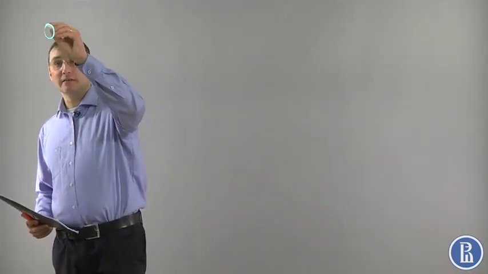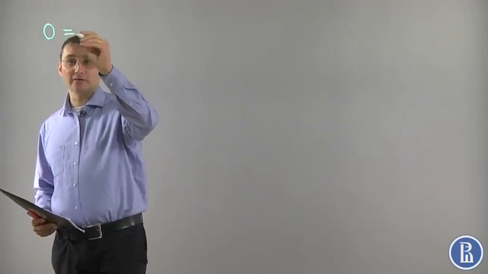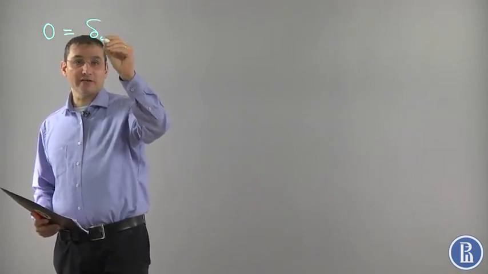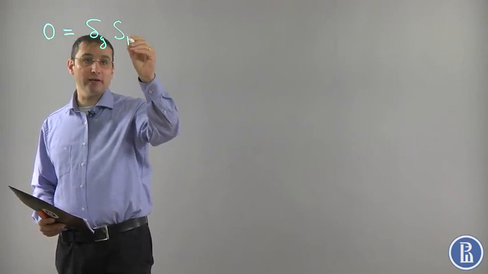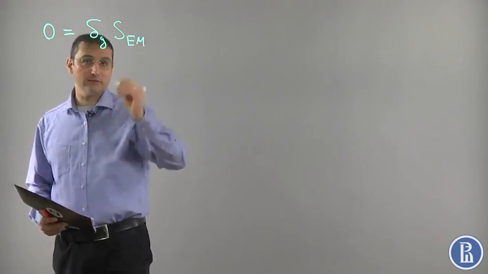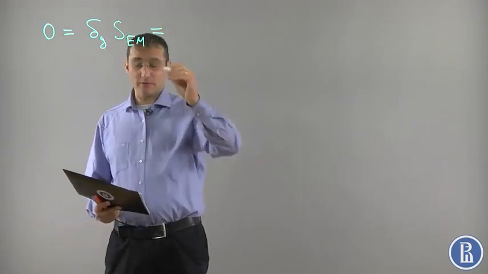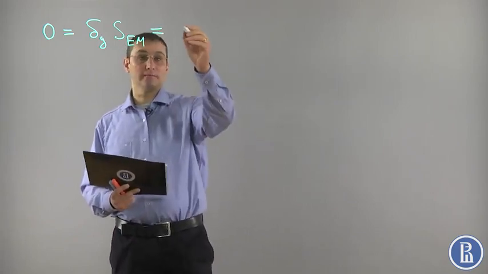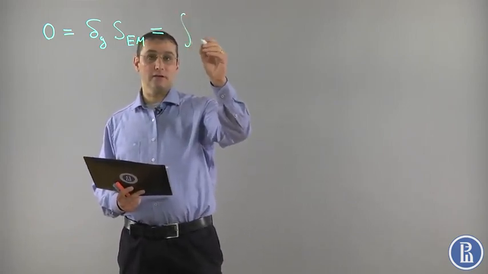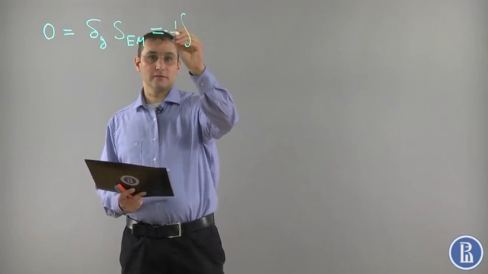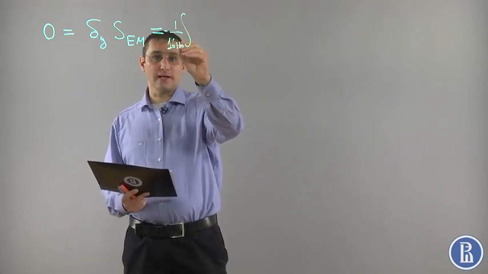So, combining all these observations that we have been making so far, we have obtained that the variation of the Einstein-Hilbert action, under the variations of the metric, is proportional to the following quantity. It's minus 1/16 pi kappa, d4x.